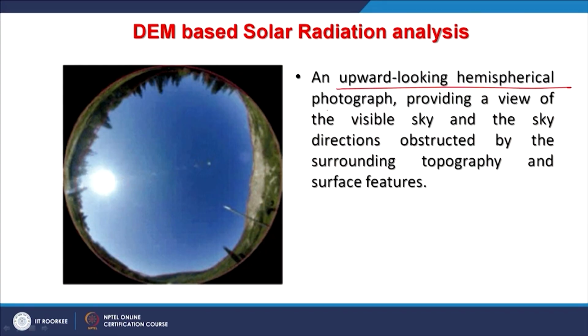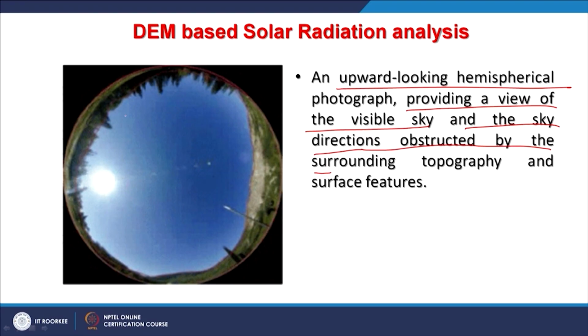A photograph was taken keeping the camera on the ground, and this is how it looks, providing a view of the visible sky and the sky directions obstructed by the surroundings. That is why it was mentioned that not only the topography affects the incoming solar radiation or insolation, but also the features.